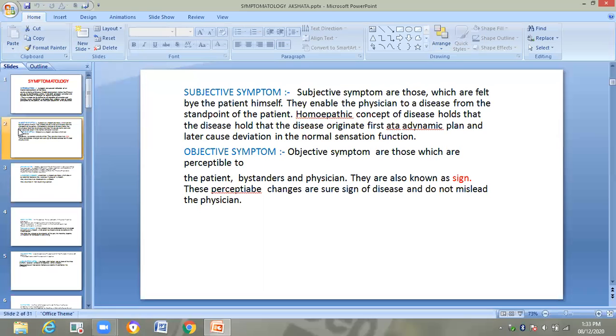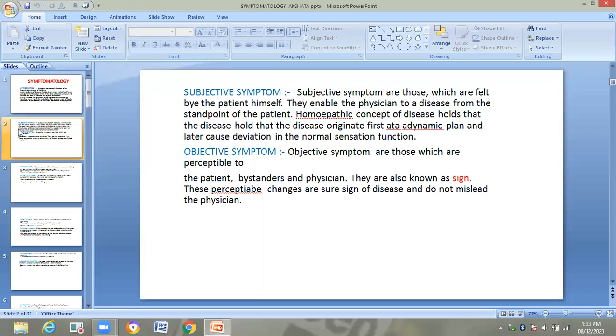There are some changes in the sensation, some different sensations which are felt by the person himself, and we cannot show any external manifestations.